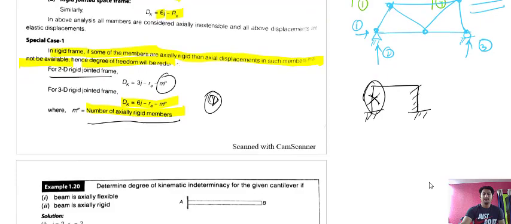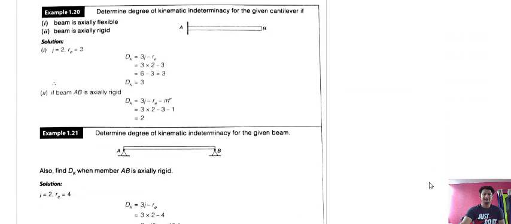For example, the numerical is: determine the degree of kinematic indeterminacy for a given cantilever beam if the beam is axially flexible and if the beam is axially rigid. So there are two cases given. Suppose this is the beam. Here how many reactions will be there, as it is fixed from this end and free from this end? So here will be one reaction, two reaction, three reaction.